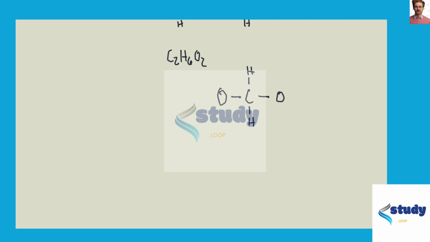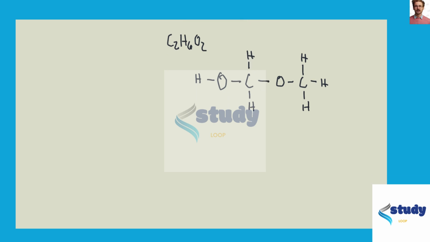Considering that we put 2 capping hydrogens on either side of this carbon, we know that we have 1 carbon left to deal with, so one of them must go to an oxygen. We're out of carbons. We only have hydrogens left to deal with. So let's just put the remaining 4 hydrogens, 3 of them around the carbon to give it 4 bonds, and 1 of them on this oxygen to give it 2 bonds. So everybody's happy.